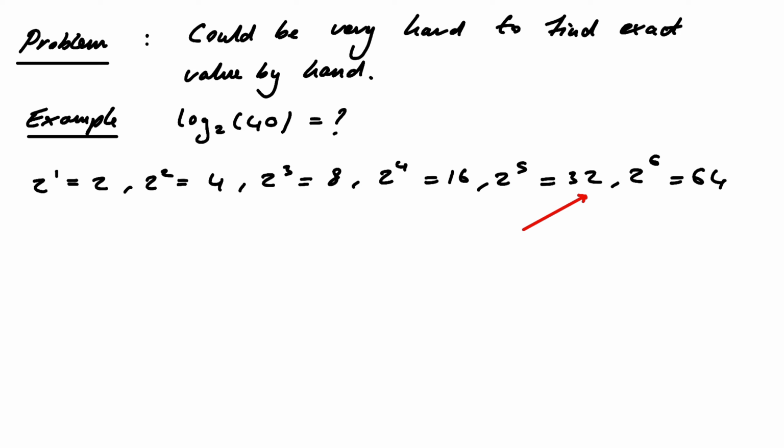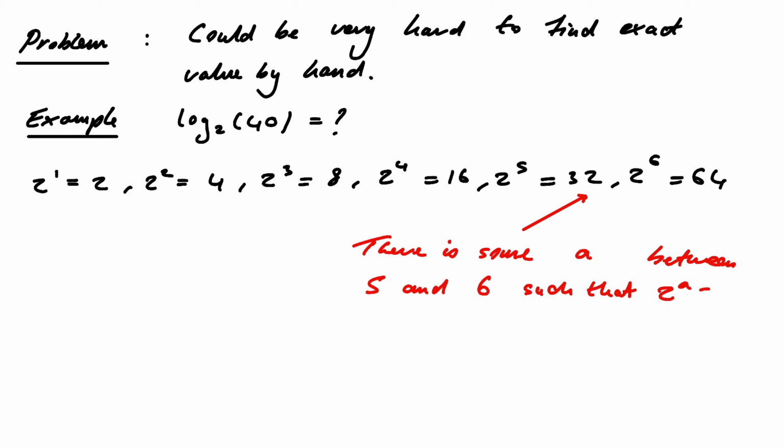So there is some number, let's say between 5 and 6, some a, such that 2 to the a is equal to 40. And that's what we're looking for. That would be the logarithm. But it's difficult to get your hands on. So you can see, first of all, logarithms are not easy to understand, difficult to calculate, and also there are certain circumstances where they don't really make any sense.